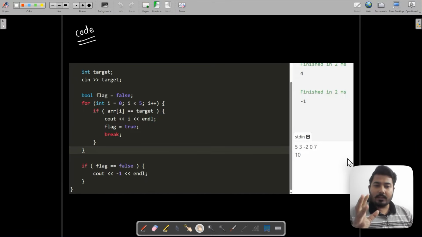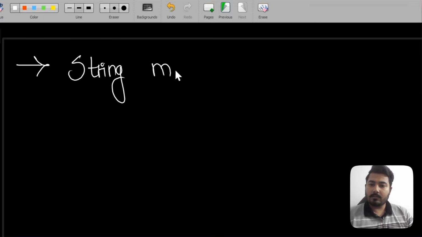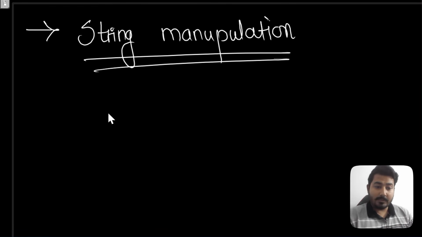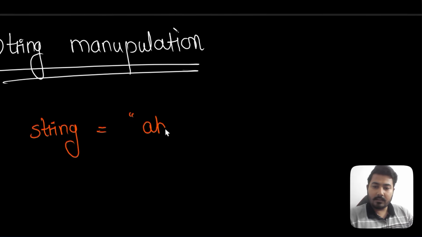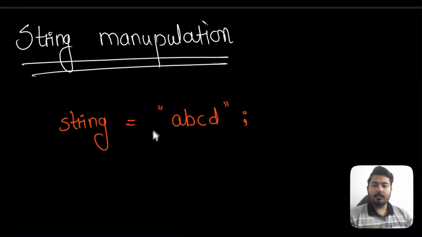So now if you have understood the concept of array, let me introduce you to the concept of string manipulation. First of all, you should be aware of what a string is, which you already are. Let me write a short example again: A, B, C, D, or literally anything else inside double quotes.